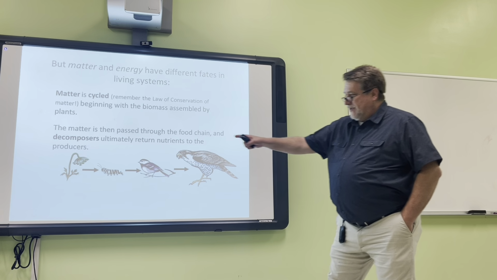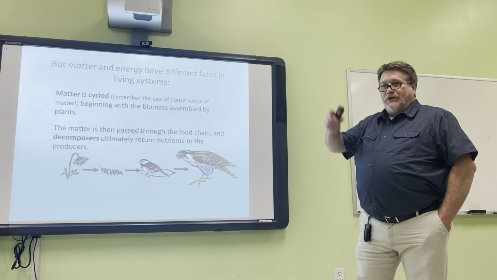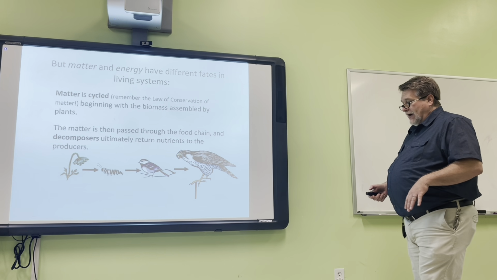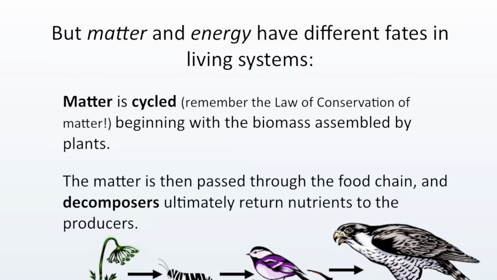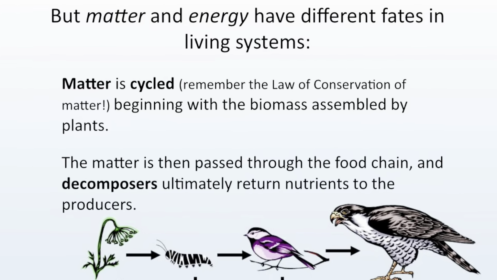So, this is not just a one-way street though. Remember, we said that you can recycle matter, and that's exactly what happens, because ultimately every single one of these links in the chain is going to experience death.